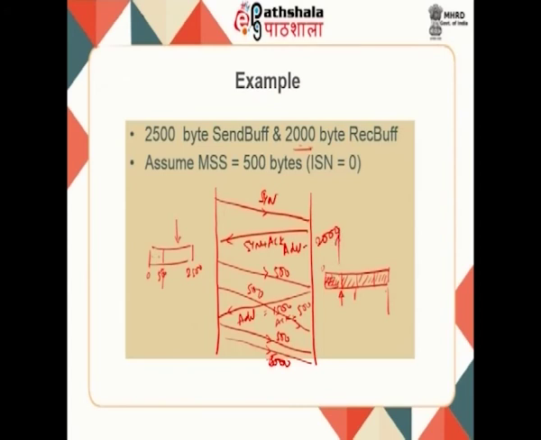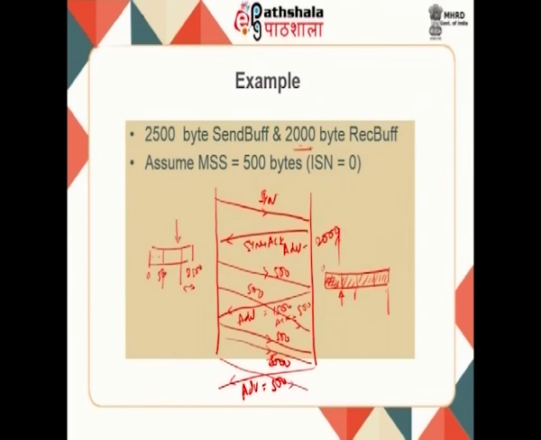So, by the time it receives this 500 byte data, it will send back an acknowledgement acknowledging all the 2000 bytes that have been sent. Since there is space available for another 500 bytes, it will again give an advertised window size and say that another 500 bytes can be sent. Since up to this has already been acknowledged and there is another 500 bytes that is not yet acknowledged, this can now be sent.